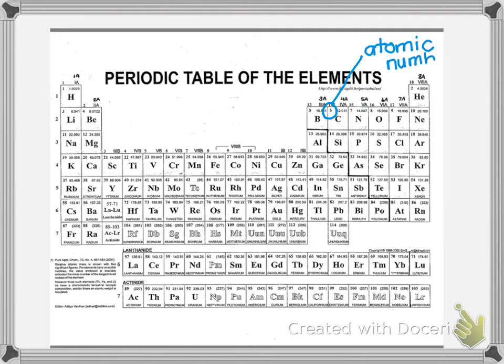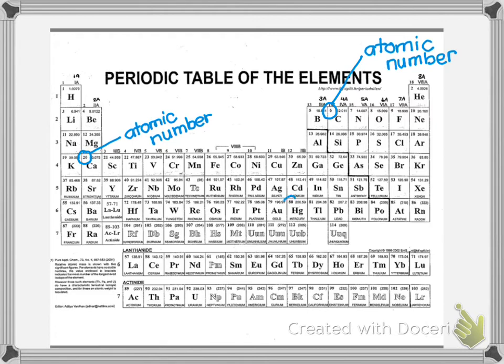Now, how do I know that? Did I memorize it? No. I just look and see that carbon is element number 6. So it has 6 protons. I could do the same down here. Look, here's calcium. Calcium has 20 protons. And our periodic table is ordered by the atomic numbers. So you see it starts at 1, and we just go all the way down, even to these ones way here at the bottom where you can't see.